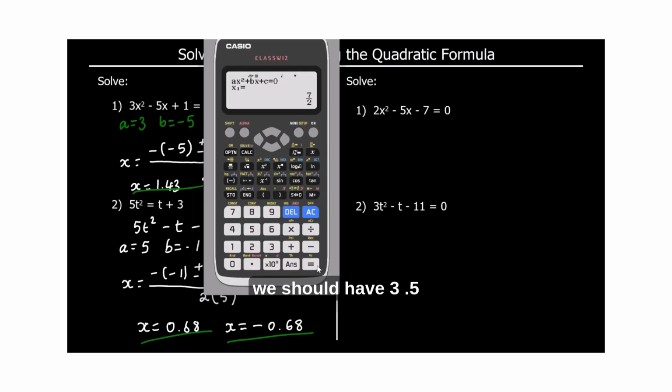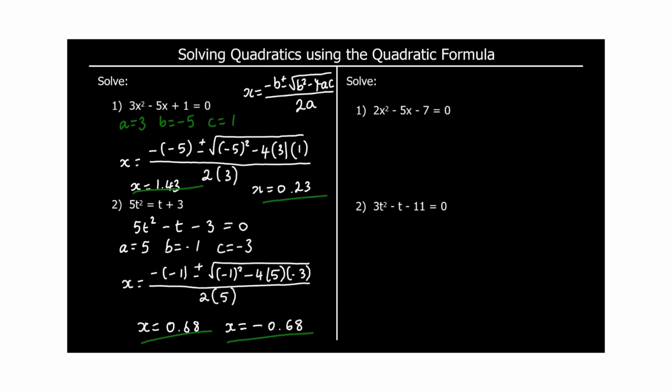So we should have 3.5 and negative 1. We've got whole answers. So x is 3.5 or x is negative 1.